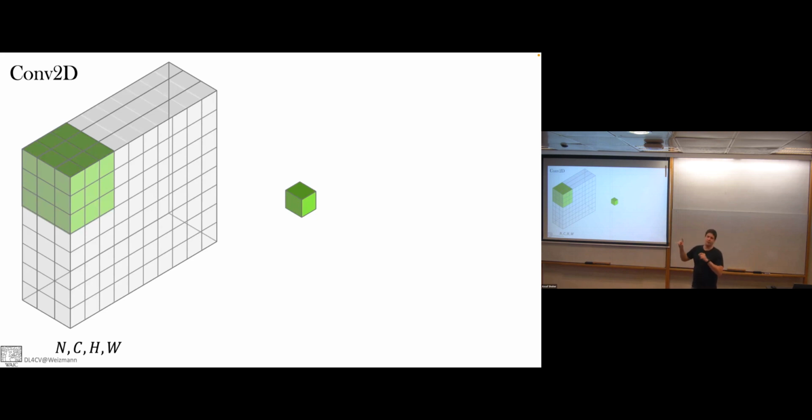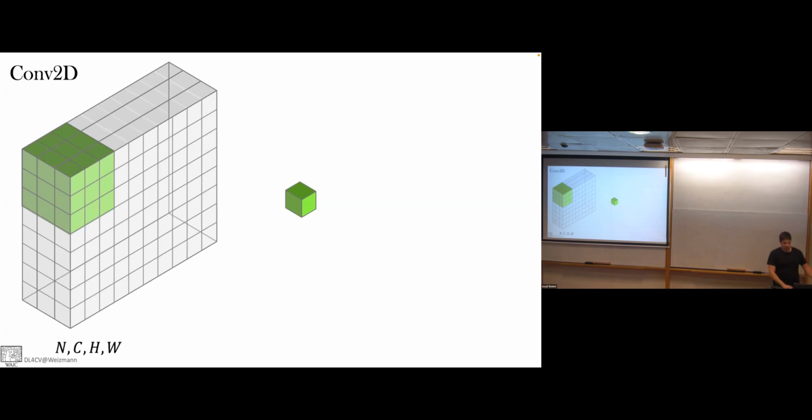It has 27 weights. It multiplies each of these 27 values, sums them all, and we get one value here as the result. Okay? We're good? Then you do this traveling thing, so you move.